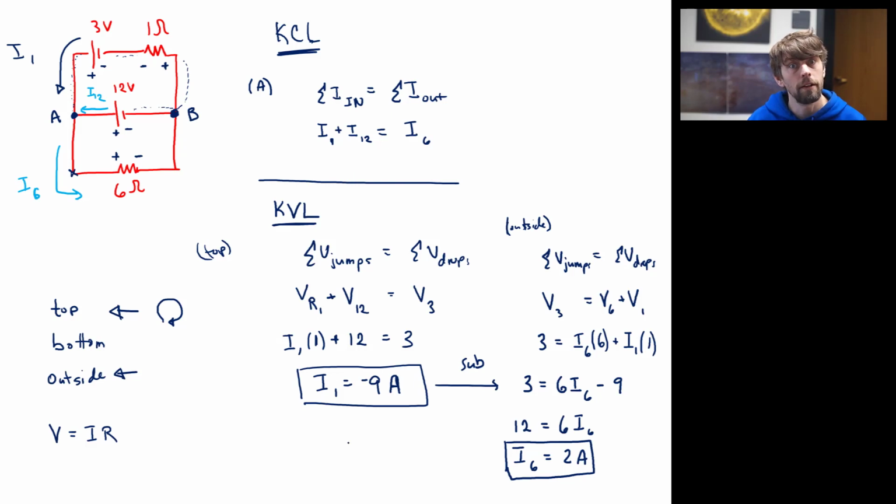Well, I'll go ahead and flip to a new page. There's no reason to try to cram everything in here. So we're back at KCL. And from that, we had I1 plus I12 is equal to I6. And for I1, we got negative 9. And for I6, we had 2.